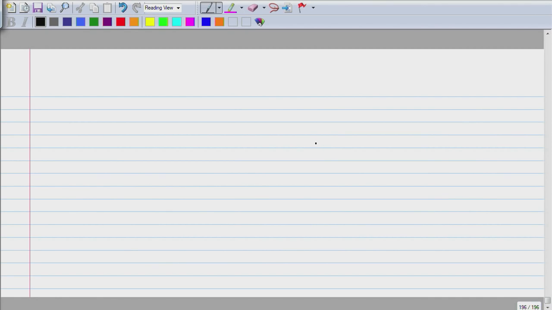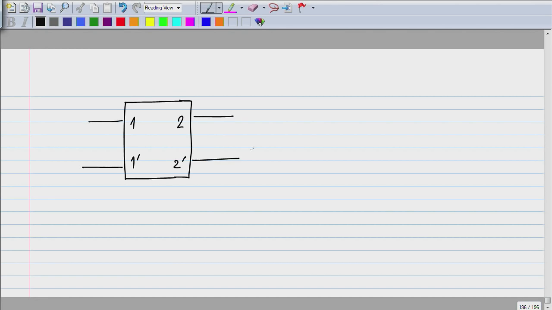I also took an example of a simple circuit and showed that the quantities will be linear combinations. So let me take this example where I have two terminal pairs, and each terminal pair is called a port.